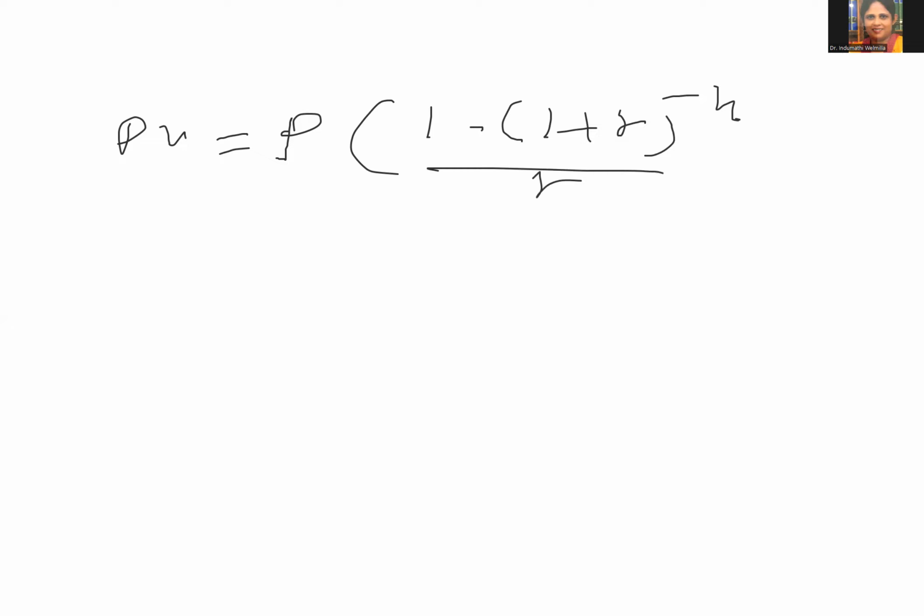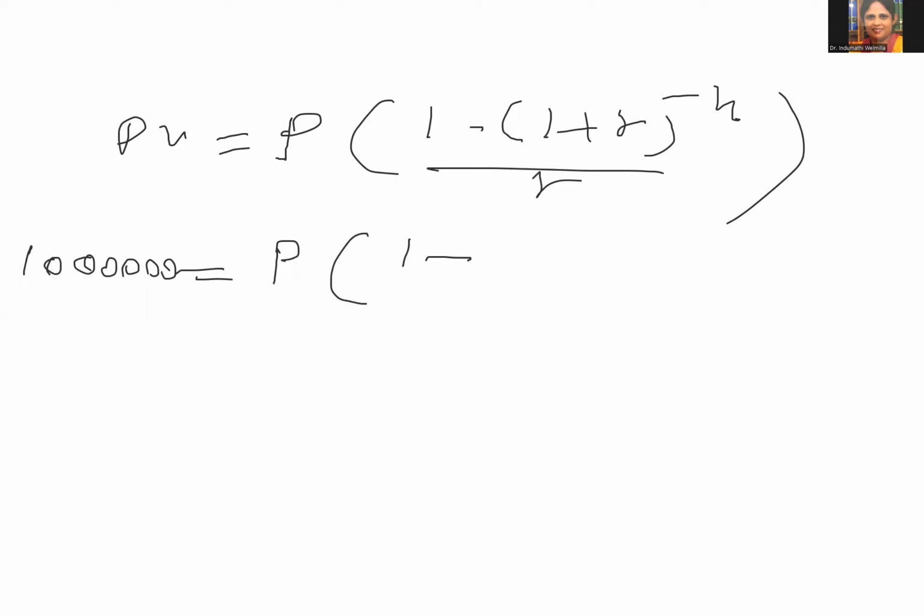That means PV equals the principal amount, principal amount, times 1 minus (1 plus R) to the power minus n, divided by R. Already we know PV, this is the 1 million. P we don't know.